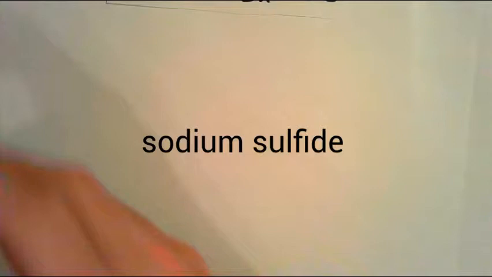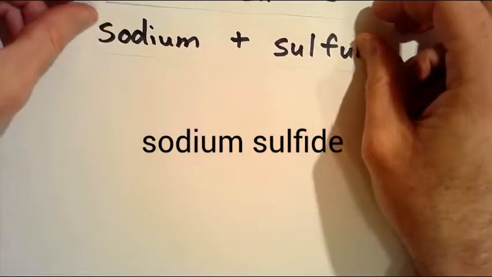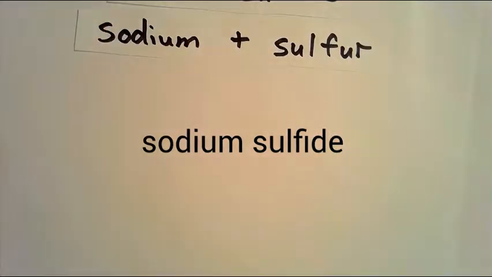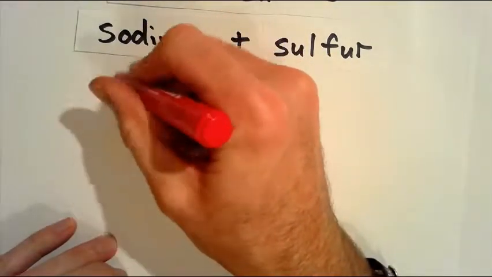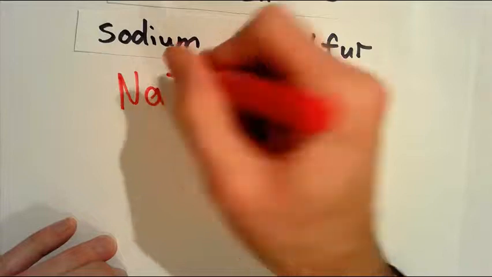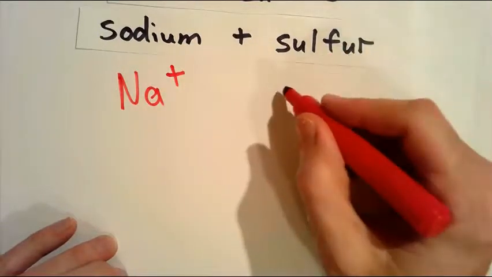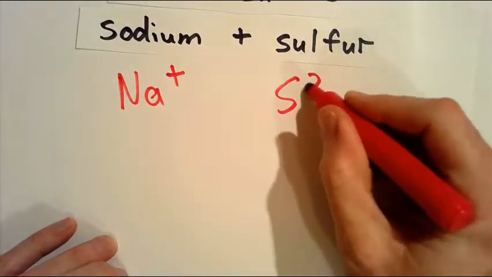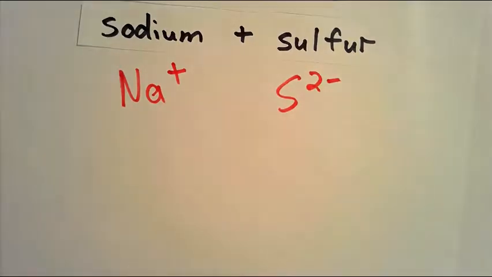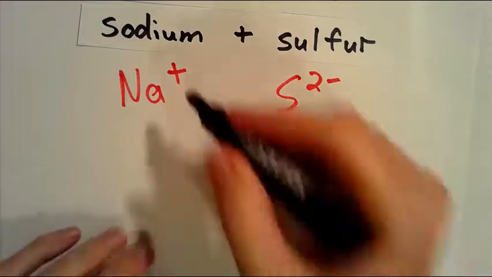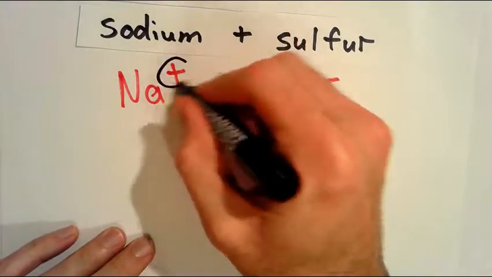Sodium sulfide will now have sodium plus sulfur. So sodium is a positive 1 charge, and sulfur is a 2 minus charge. Now I'll still need to do the crisscross method.